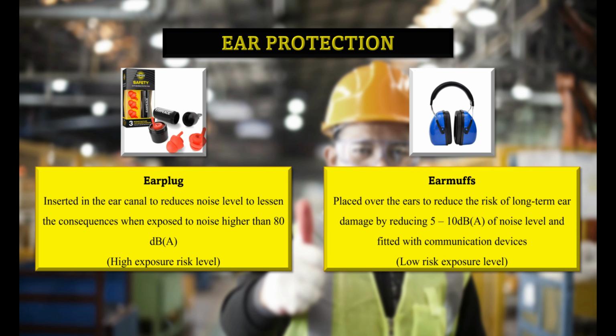Meanwhile, earmuffs are placed over the ears to reduce the risk of long-term ear damage by reducing around 5 to 10 decibels of noise level, and it is fitted with communication devices. Therefore, the risk exposure level of the wearer after wearing earmuffs is lower than earplug.